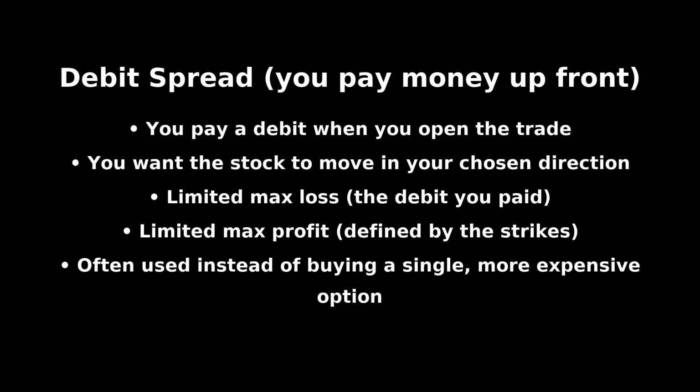Your maximum loss is limited to the debit you paid, and your maximum profit is also capped by the distance between the strikes. Traders often use debit spreads instead of buying a single, more expensive option because it can lower the cost and still give you a defined risk way to express a bullish or bearish idea.